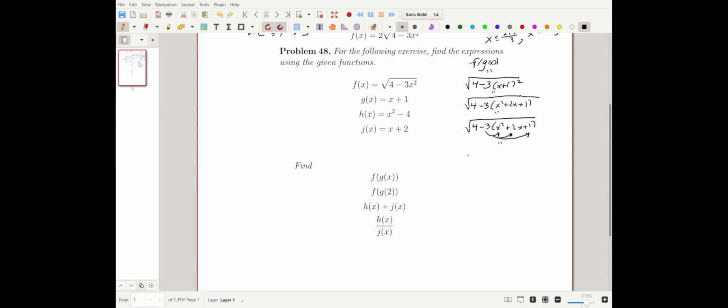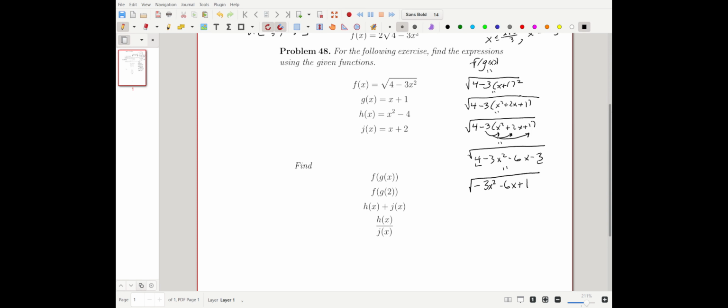And so we're going to get 4 minus 3x squared minus 6x minus 3. Now the only terms that we have that are common are the 4 and the 3. And so we'll add those together, and we end up with negative 3x squared minus 6x plus 1. So that is the value of f of g of x.